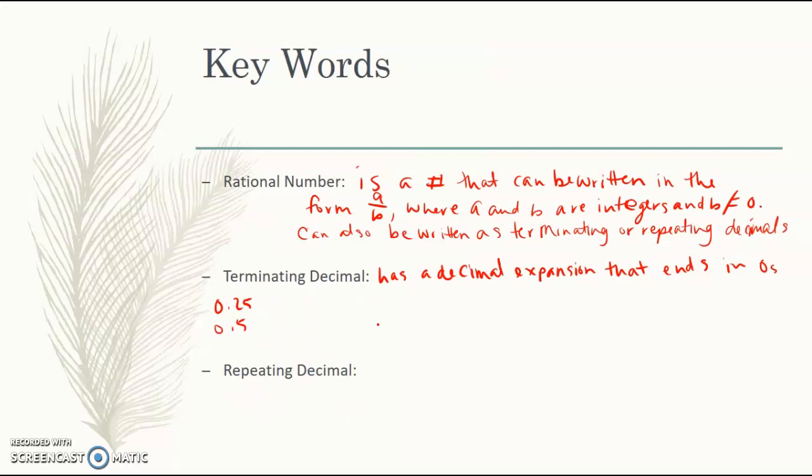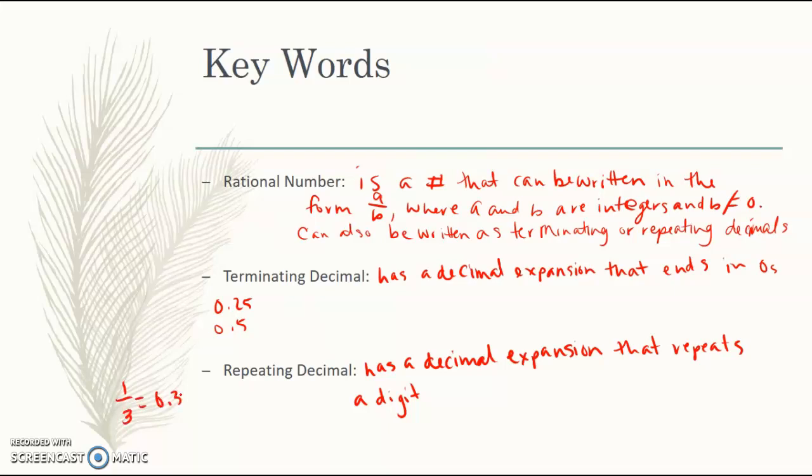A repeating decimal has a decimal expansion that repeats a digit. So like 1/3 becomes 0.333 and it just keeps going.